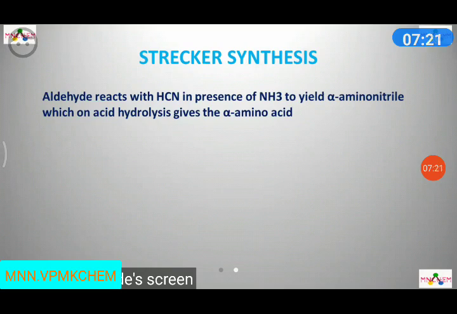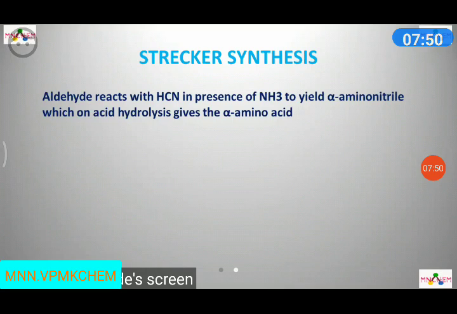In this method, we require three reactants: an aldehyde, hydrogen cyanide, and ammonia. When these three react, the first step gives an alpha amino nitrile, which on acid hydrolysis gives the corresponding alpha amino acid.